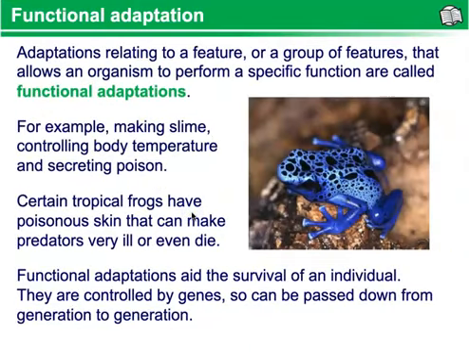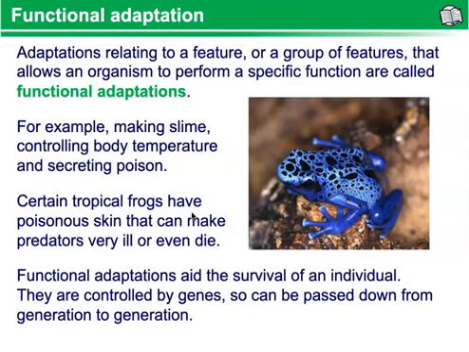Functional adaptations. Adaptations relating to a feature or a group of features that allow an organism to perform a specific function are called functional adaptations. For example, making slime, controlling body temperature, and secreting poison are all functional adaptations of certain types of tropical frogs.